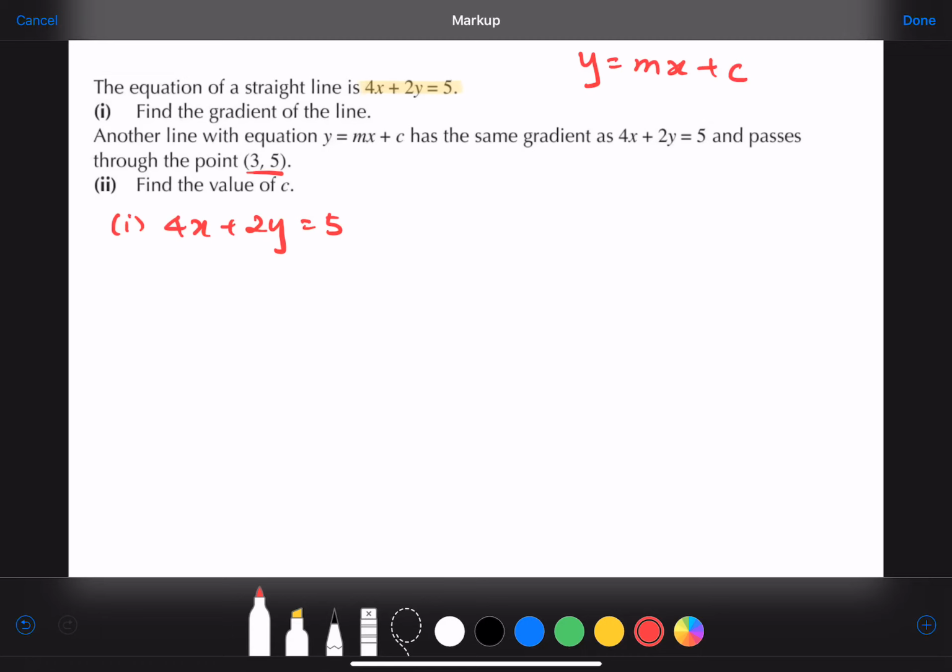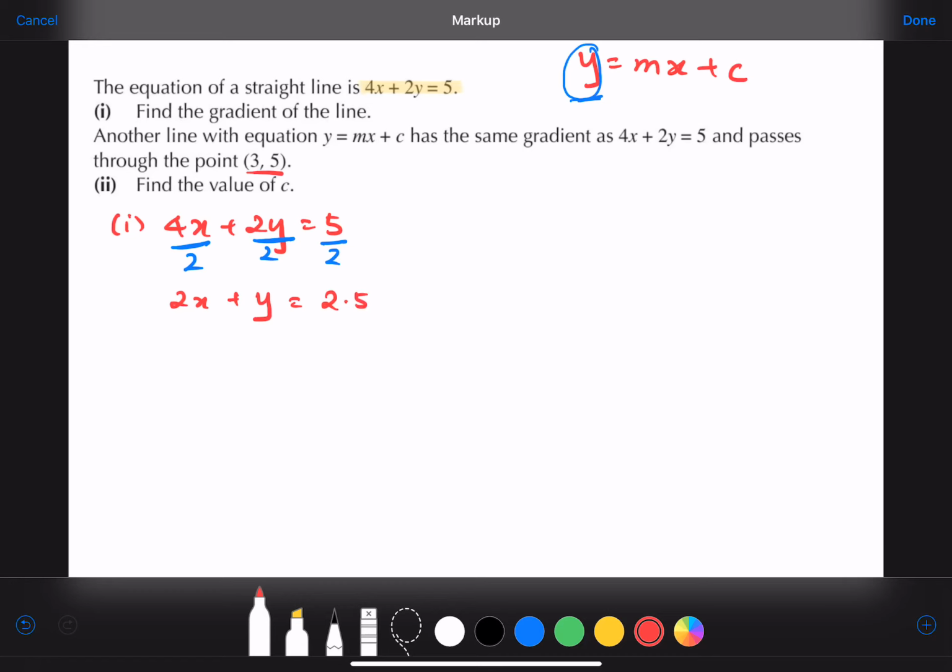But if you look carefully, remember, for our equation of a straight line, we can only have y. No 2y, no 3y, no half y or anything, it must be y. And there is actually 2y here. So what we will need to do first is divide everything by 2, so that will give us 2x plus y equals 2.5.